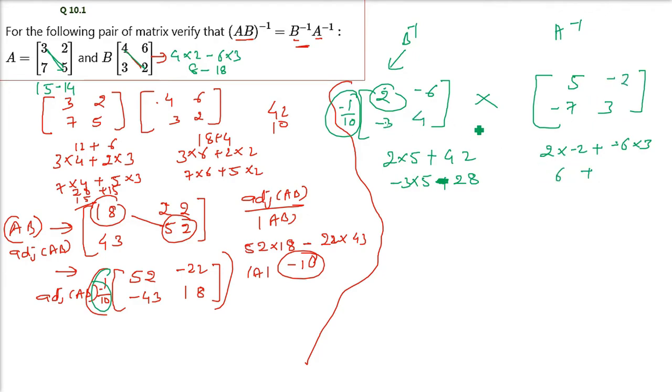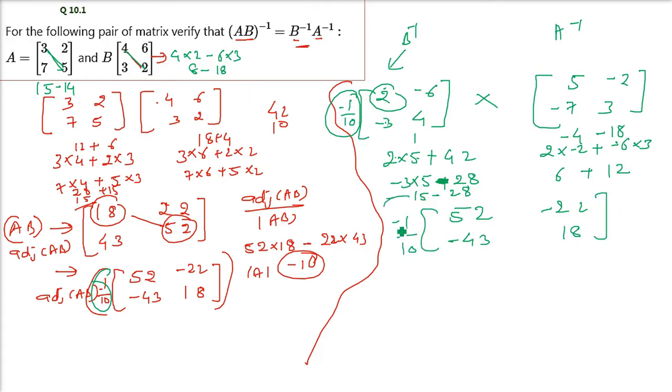And this is going to be 6 plus 4 is 12. This is going to be 10. 10 plus 42, 52. And this is going to be minus 4, minus 18, minus 22. Minus 15, minus 28, that is going to be minus 43, and 6 plus 12 is 18. So this is B inverse A inverse, and minus 1 by 10 was already there.